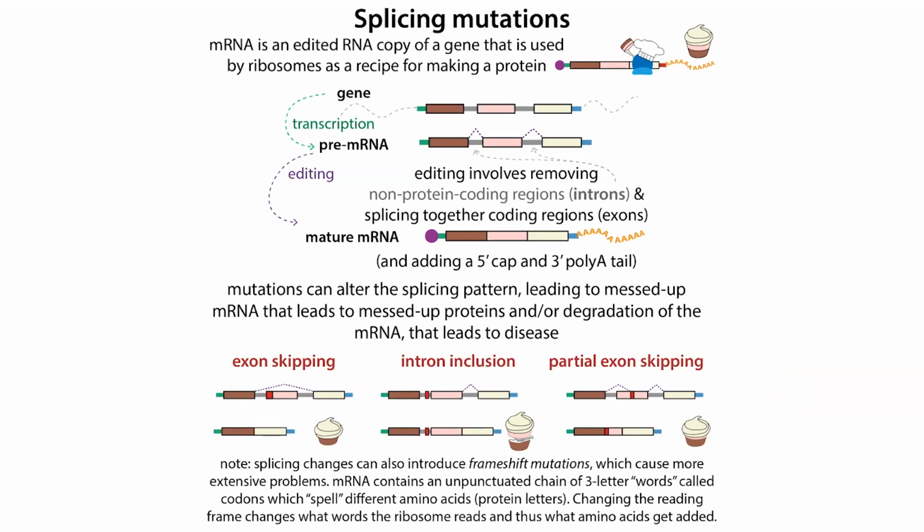But if that's happening every time you go to make the protein, well, now you're not going to make a functional protein. And maybe you made it almost all the way, but then it stops too soon. Maybe if you can make that partial protein, it could still be useful. Or if you can make a protein with a mutation in it, it could still be useful. But your cells' quality control is getting rid of them.